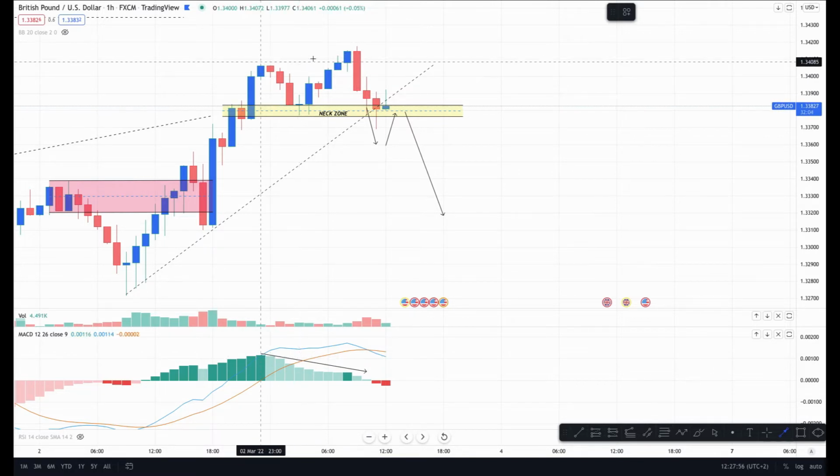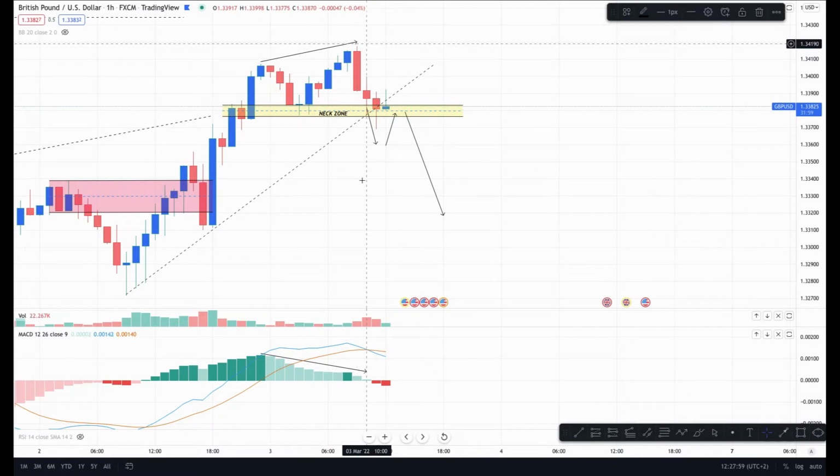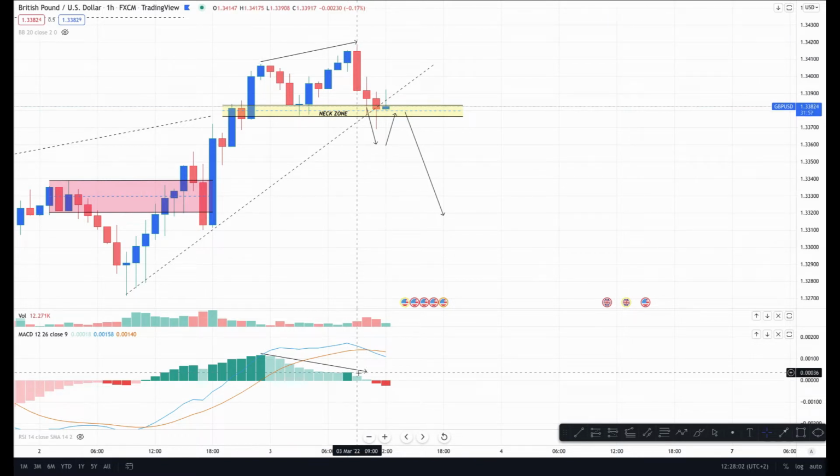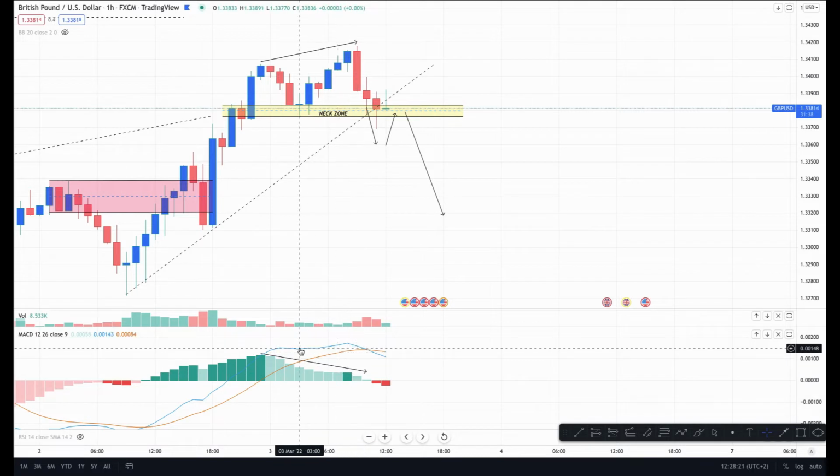Then we have a higher peak, which means price pushed a little bit higher, and then we have our histogram here, which shows that even though price pushed higher, our histogram was weakening, which tells us that the buyers, which is the green, are weakening, and the bears are probably going to come out to play at some point soon. We don't have divergence across these MA lines on the MACD.